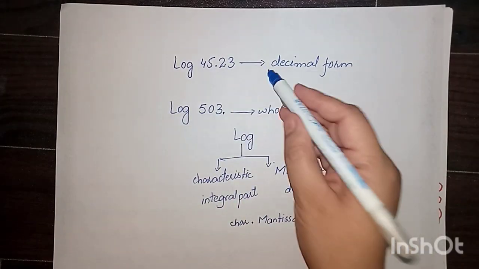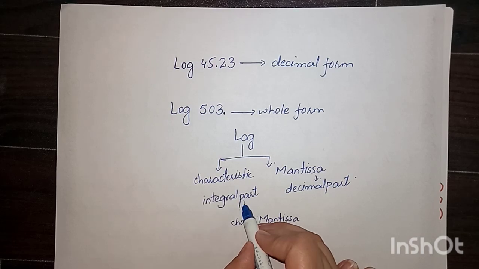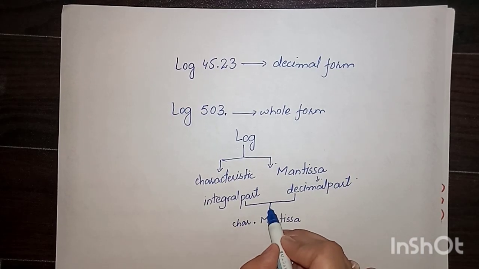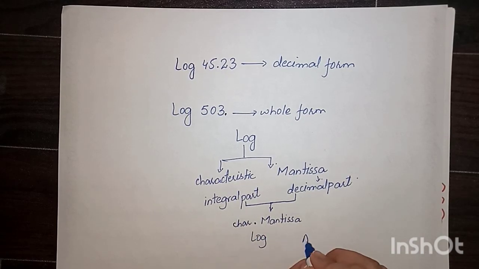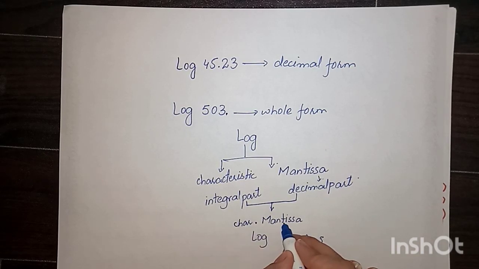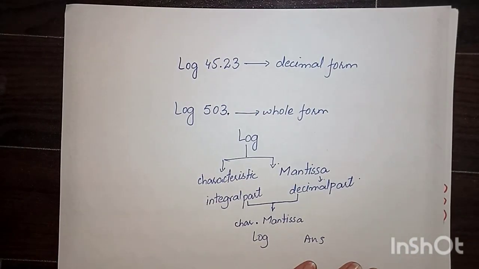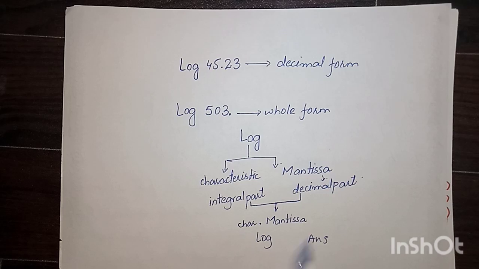After finding the characteristic and mantissa, we will combine these two to find the answer of this log. First of all we will discuss how to find the characteristic and mantissa.